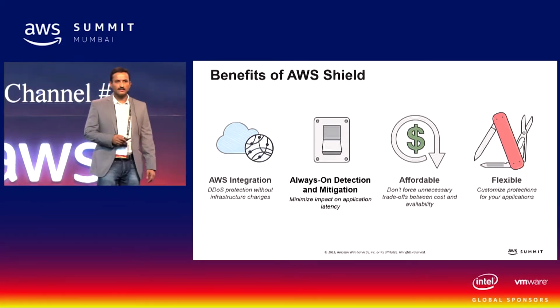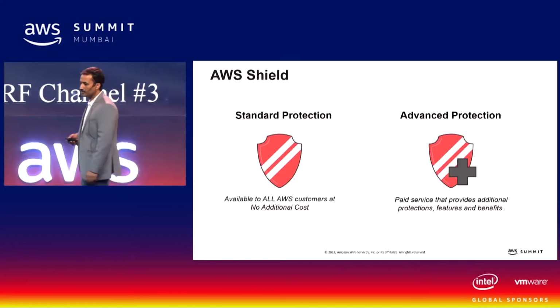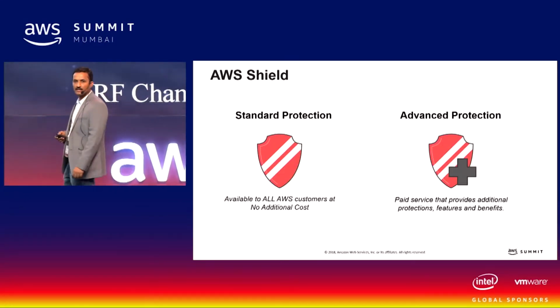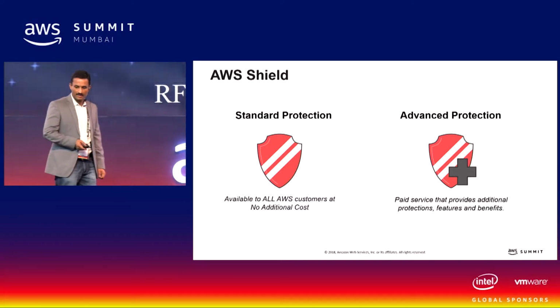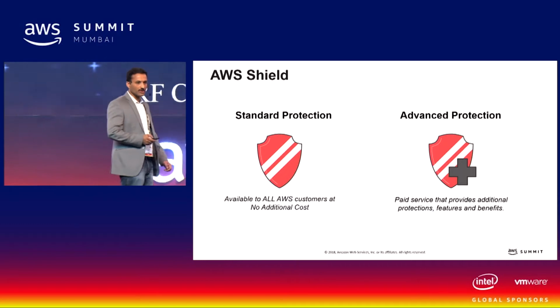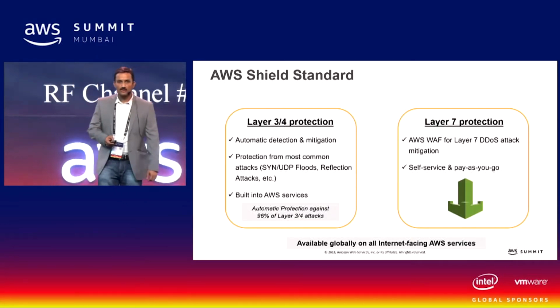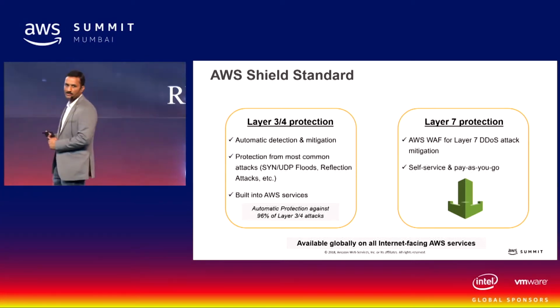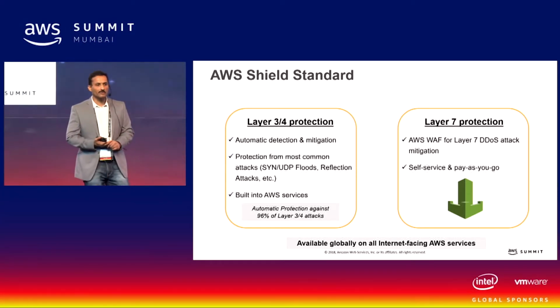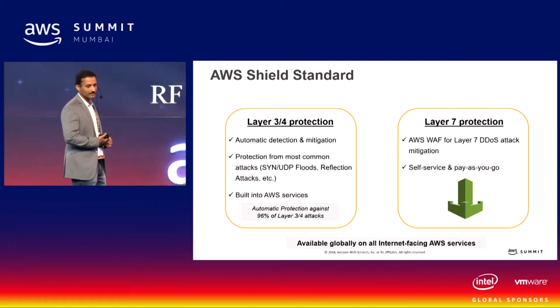This product comes in two flavors. One is Shield Standard, and the other is Shield Advanced. Shield Standard is always on, at no additional cost, and it's available for all users. So any web-facing application you have is always protected by Shield Standard.